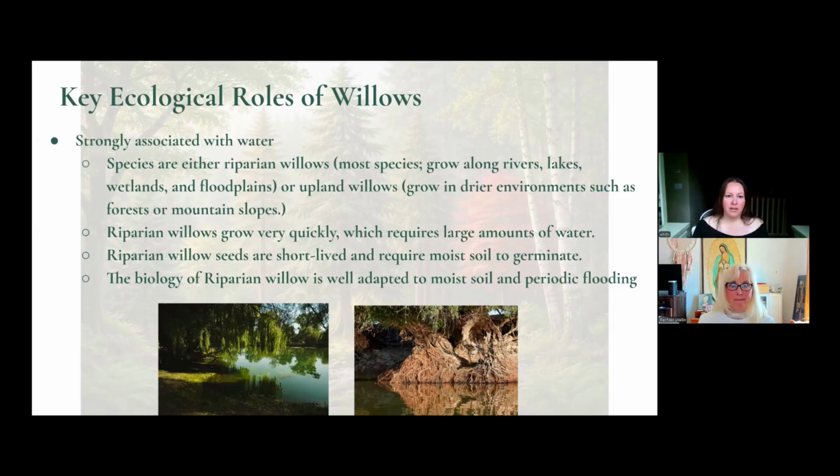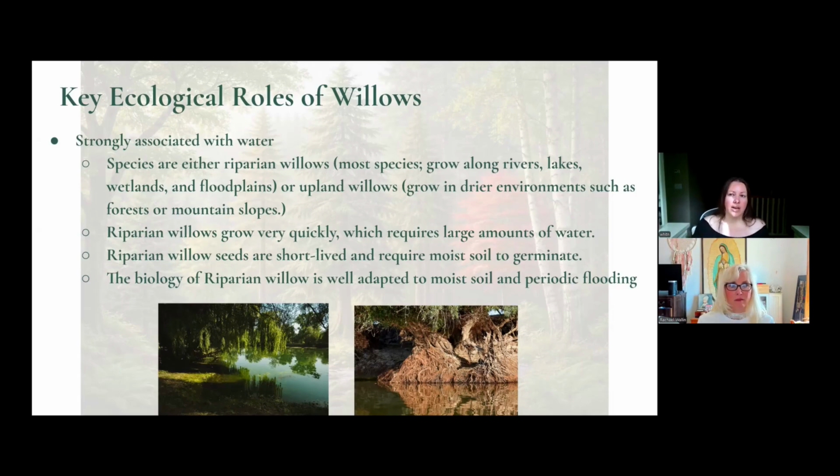Now, the riparian willows, they grow very, very quickly. Because they grow so fast, they need a lot of water, which is why they tend to flourish near water. Also the seeds are really short-lived. They're little cotton tufts, and so they don't last very long. So by the time they hit the ground, they need to be in soil that's ready to go.